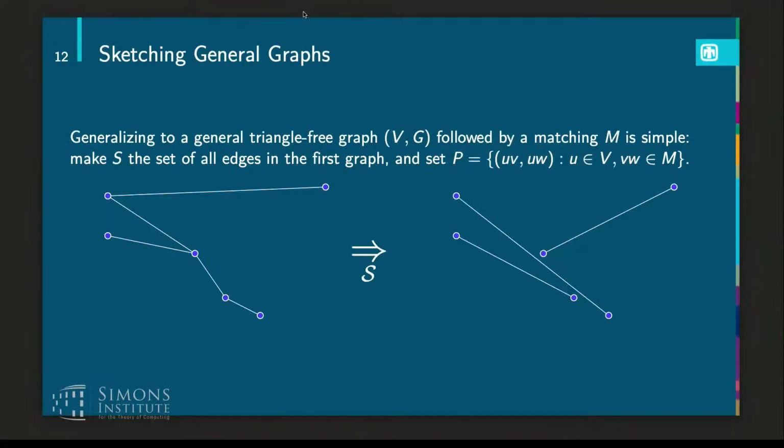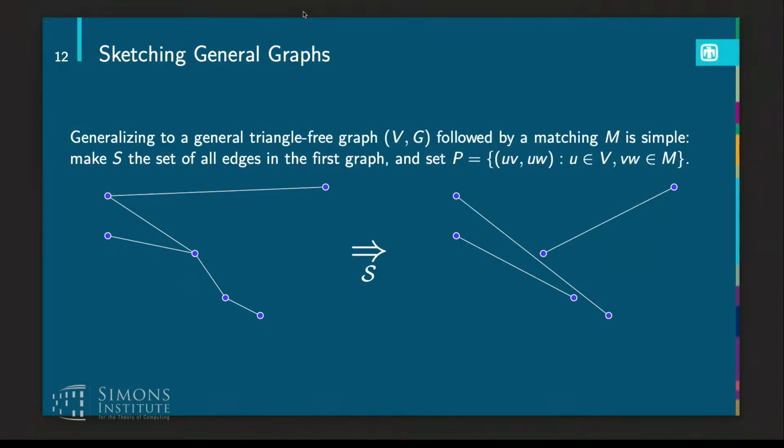Generalizing the first player's graph actually turns out to be very easy. Before, we were making our set S be all of the neighbors of this star vertex. Now we're going to make our set S just contain every edge in the original graph.